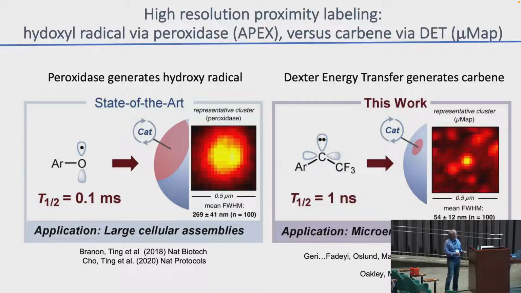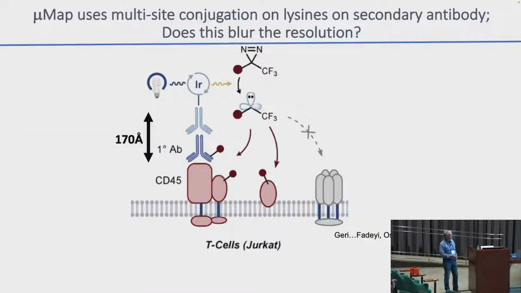And using STED microscopy, for instance, they could show that whereas APEX would have something on the order of 3,000 angstrom resolution, these had gotten down to about 50 angstroms resolution, which is really pretty cool. I meant to say 500 angstroms resolution, 50 nanometers.